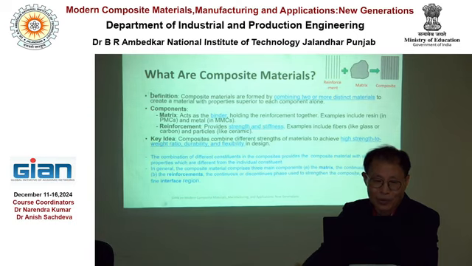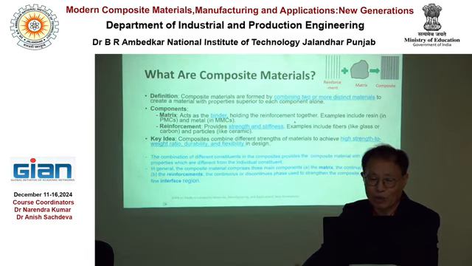And as a component, the matrix is many times called a binder. The binder, especially for the PMC case, is a matrix binder. Binder means it's just to hold the reinforcement together. It is not playing a role in supporting any excessive load.